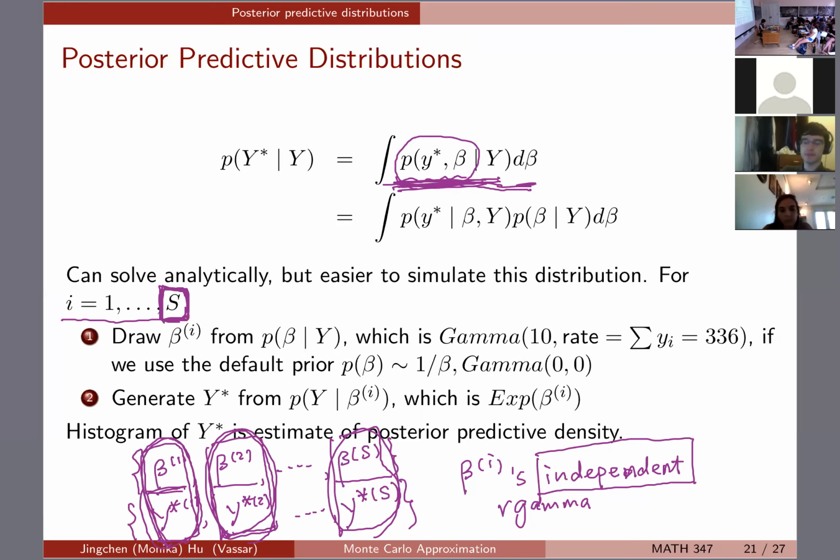So everything now is still under the topic of Monte Carlo approximation. That's why it is very important to make sure that we're doing independent draws. Last time, Nick actually stayed after class to ask about Monte Carlo and then Markov chain Monte Carlo.